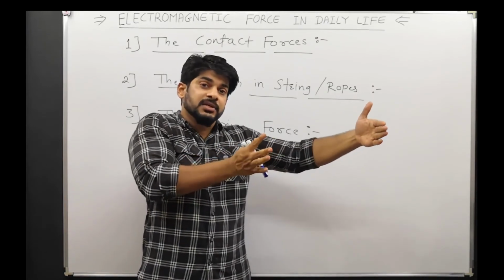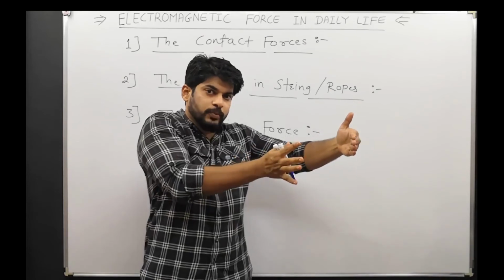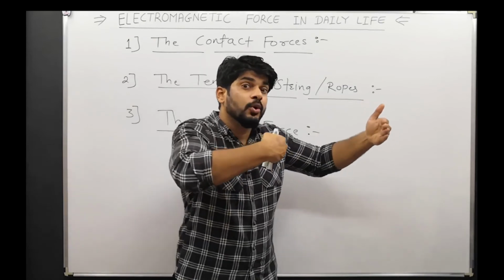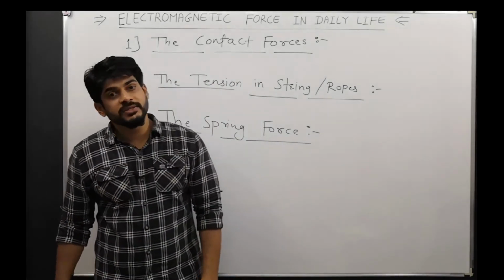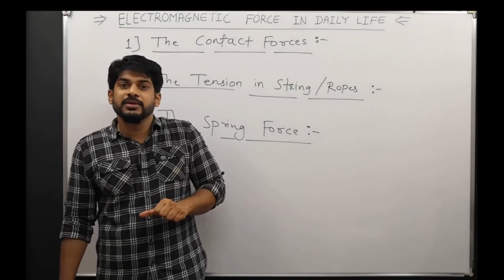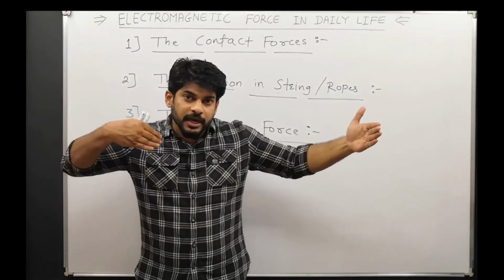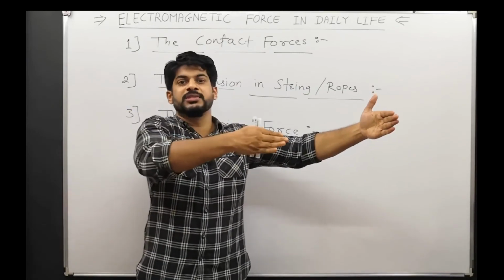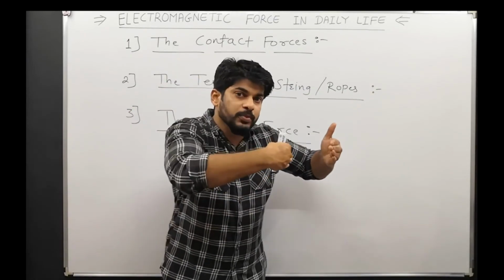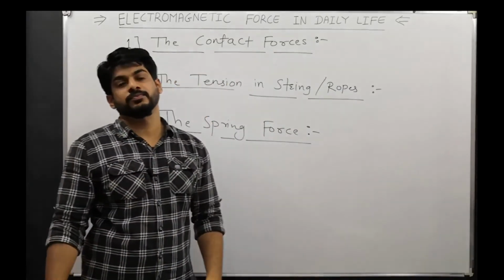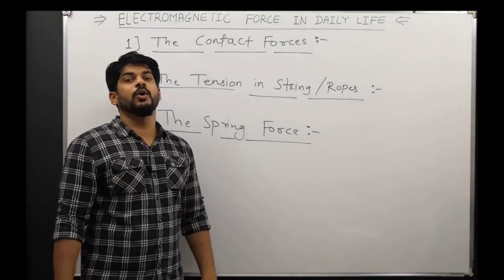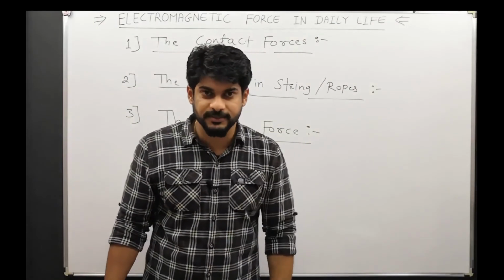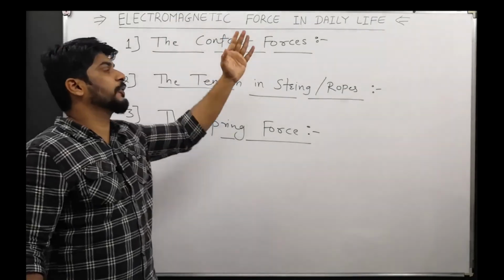In that case, some attractive force comes into play, which tries to bring those atoms back to their original places. And this is how the spring is able to exert a force in the opposite direction. When it is stretched, it exerts force in this direction because of the atomic level attractive force. So this is how the spring force comes into existence, again due to the electromagnetic force.